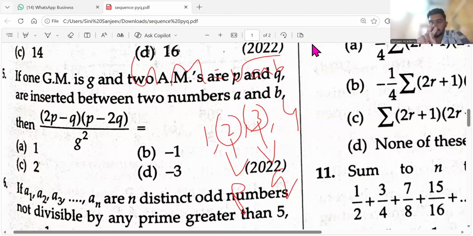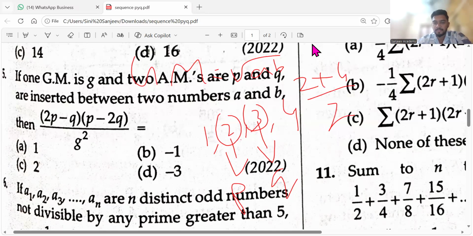Between 1 and 3, 1 plus 3 by 2 is what, Pavan? Sir, 2. So I wrote 2. Between 2 and 4, 2 plus 4 by 2 is what? 6 by 2 is what?